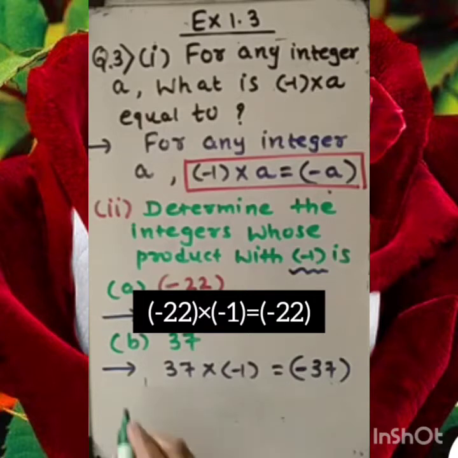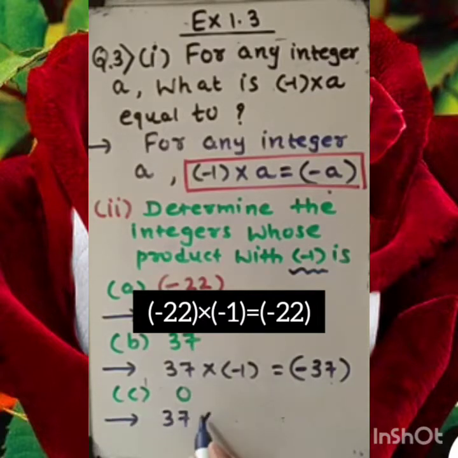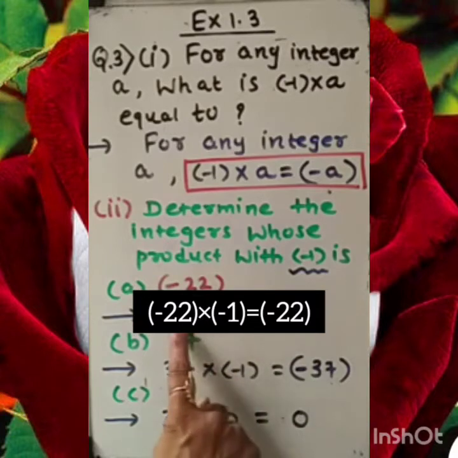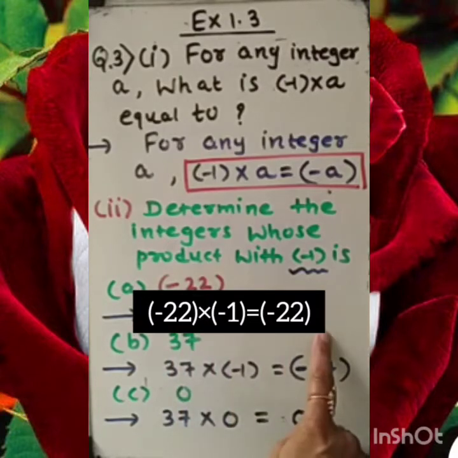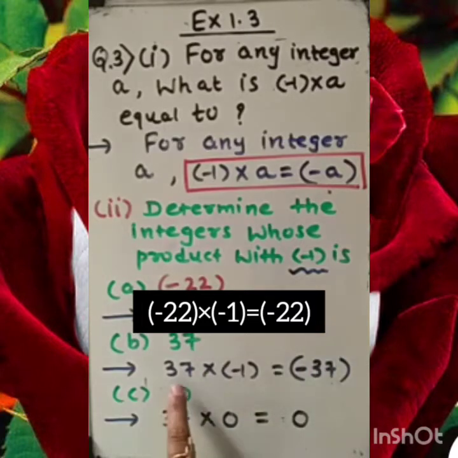Now the C portion. What is the C? That is 0. These three results we are gaining: when we multiply a negative number with a negative, the answer comes as a positive number. When we multiply a positive number with a negative, the answer will be negative.